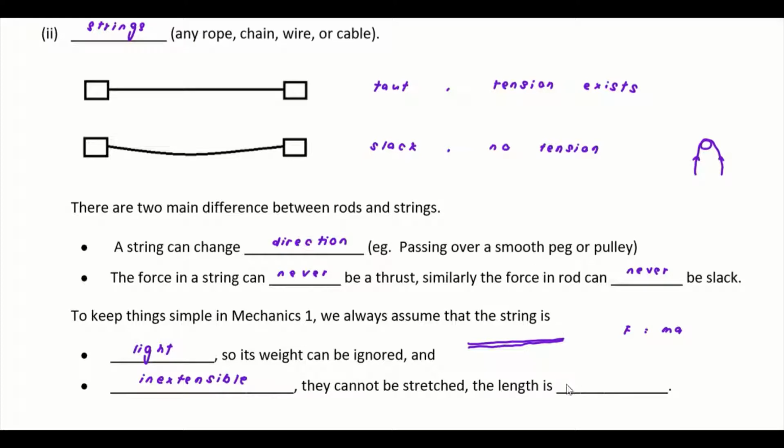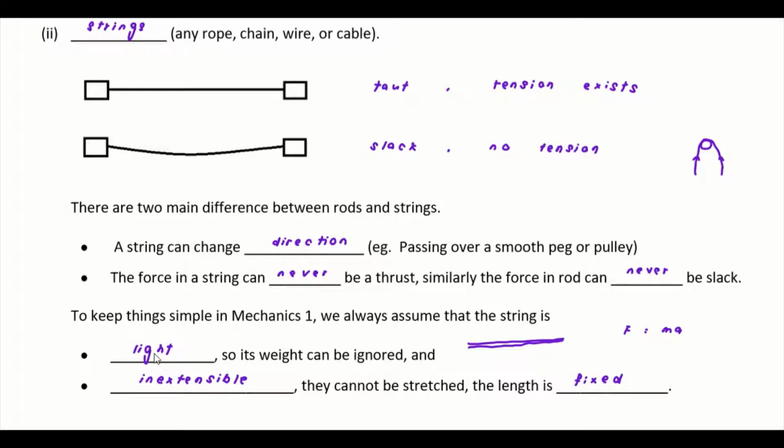So the length of the string is always fixed. You cannot pull it very hard so that it becomes longer. This kind of situation wouldn't happen in Mechanics 1. So basically, all the strings that you will be looking at are light inextensible strings.